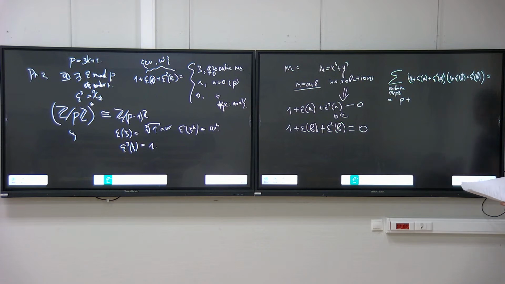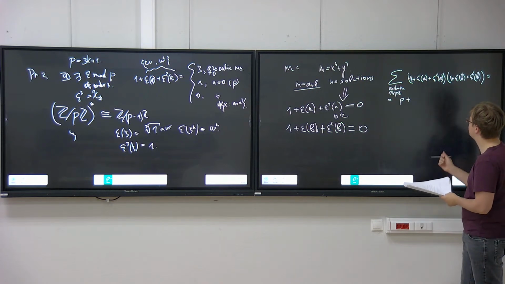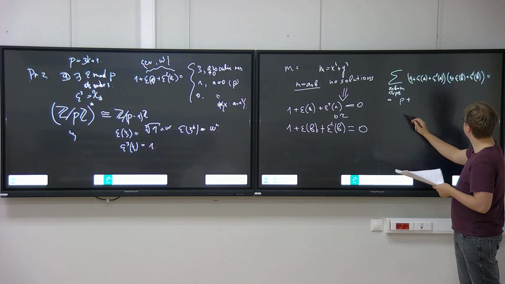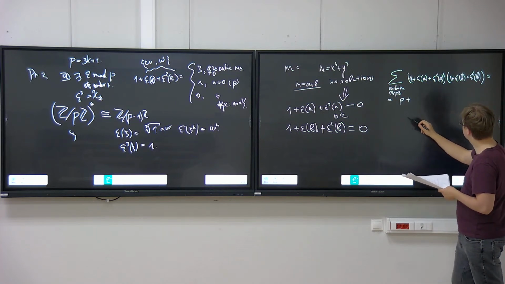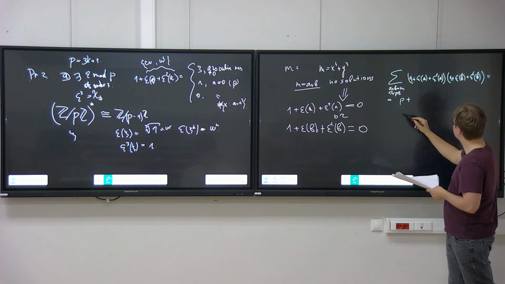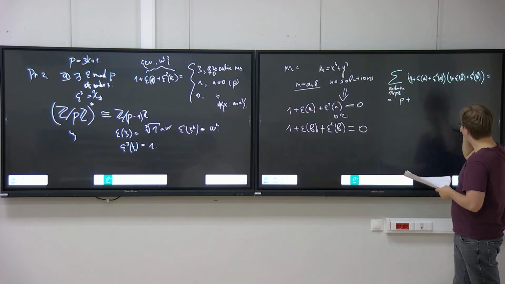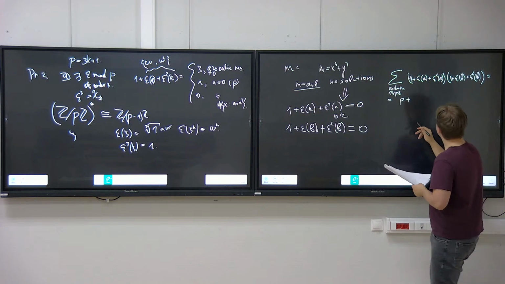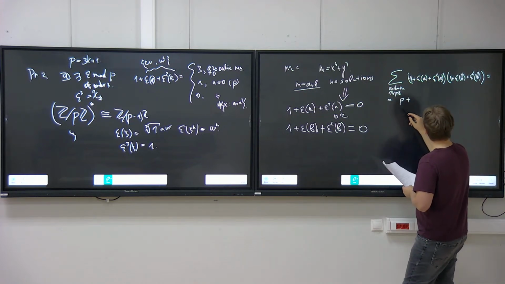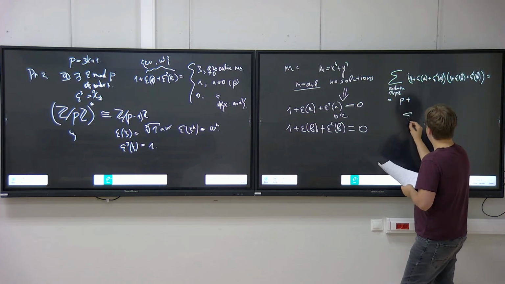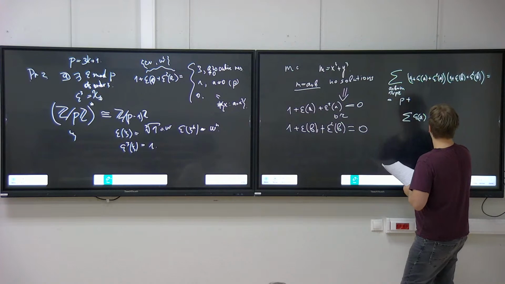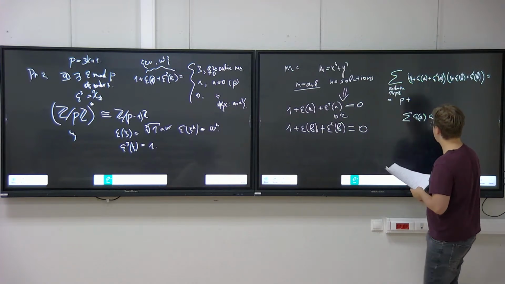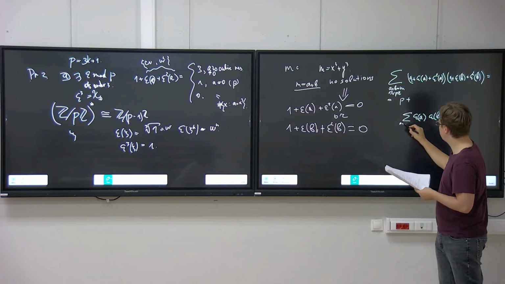So let's look at these summands. We have epsilon with epsilon, epsilon with epsilon squared, epsilon squared with epsilon, and epsilon squared with epsilon squared, right? What will be the sum of epsilon of A, epsilon of B, where A plus B is M?